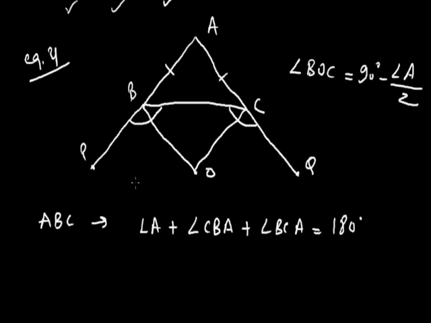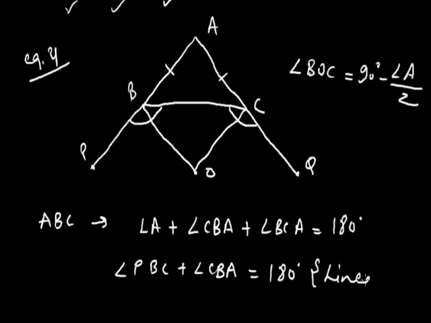Now I can see that exterior angle B and interior angle B, that means angle PBC and angle CBA, form a linear pair of angles. Angle PBC plus angle CBA measures 180 degrees. What is the reason? The reason being that they are a linear pair of angles, and as I have told you earlier, the sum of a linear pair of angles is 180 degrees.